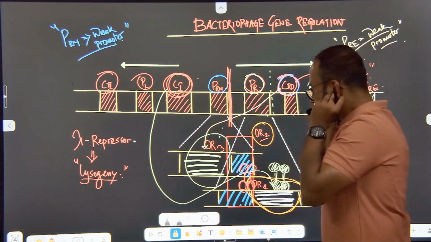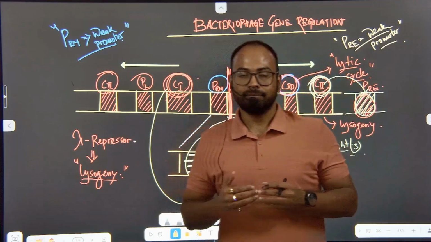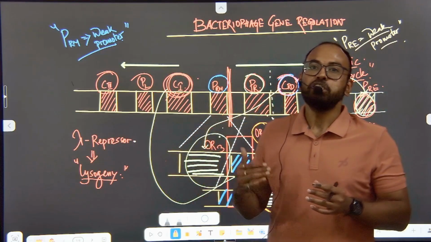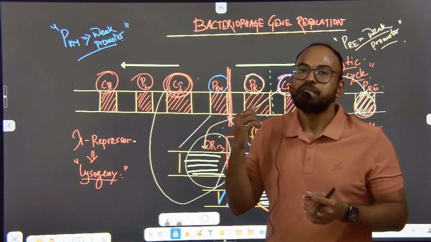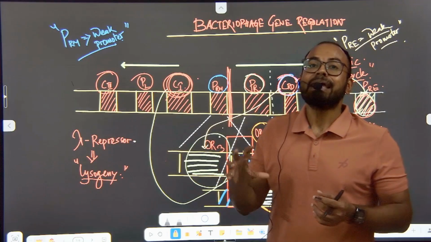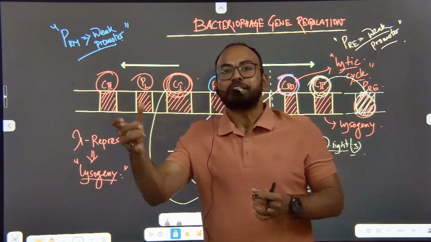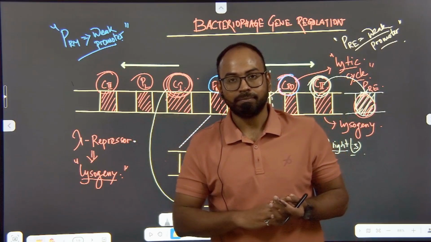But the problem is, whenever the situation is not appropriate, that means when nutritional support is less and the rate of cell division is poor, by this time, lysogeny will result. So the lambda phage will immediately switch from lytic to lysogeny.